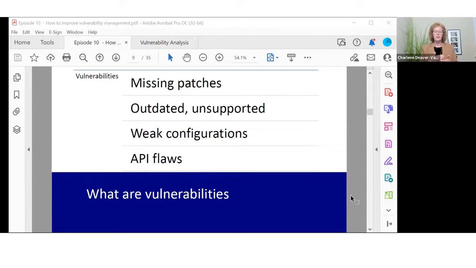And then in addition, you'll be able to use these configuration guides. Some people will call them STIGs. DISA, D-I-S-A, at the Department of Defense, puts out these configuration guides called STIGs, S-T-I-G-S.